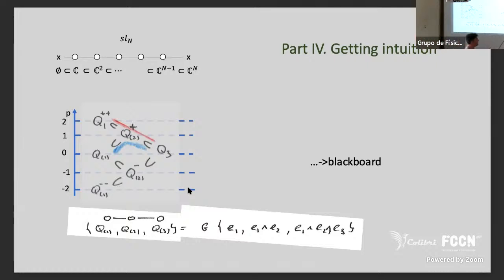So what we write here is that Q2 plus, up to normalization, is Q1 plus wedge Q1 minus. So this is the QQ relation. This is not literally so, but it can be reduced to the QQ relation. This is the meaning of this construction.